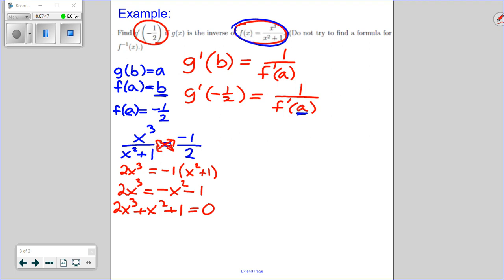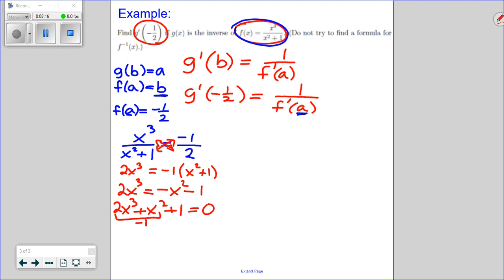What value of x would make the left side equal 0? Well, I'm noticing that this would have to equal negative 1, because then you'd have negative 1 plus 1, which would equal 0. So what value of x could I plug into 2x cubed plus x squared to get negative 1?